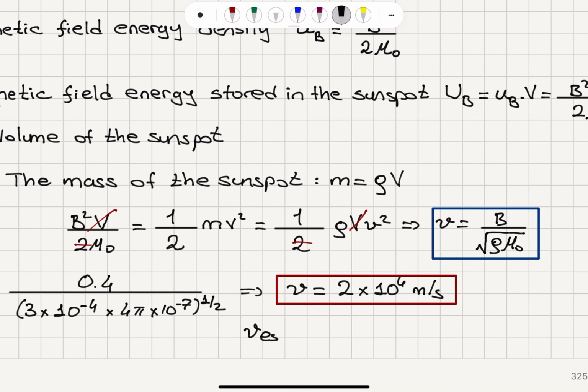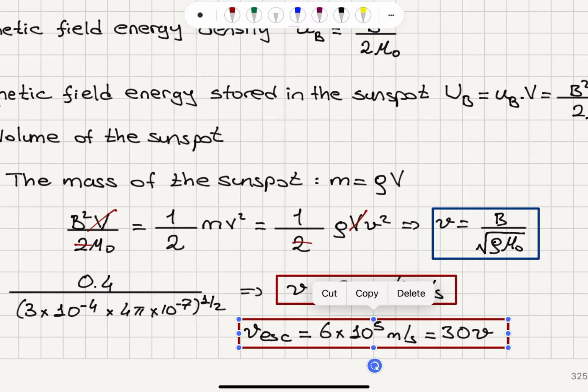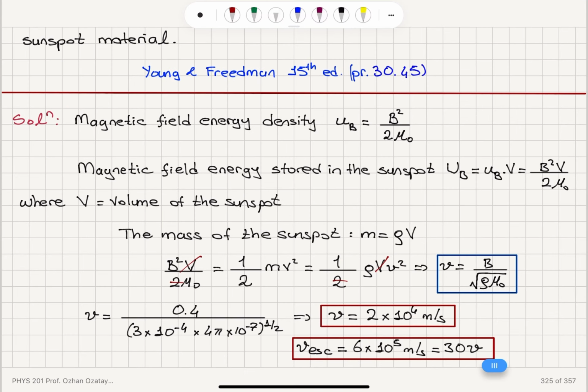The escape speed from the sun is 6 times 10 to 5 meters per second. As you can see, this is 30 times v. So compared to the escape speed, this is rather small.